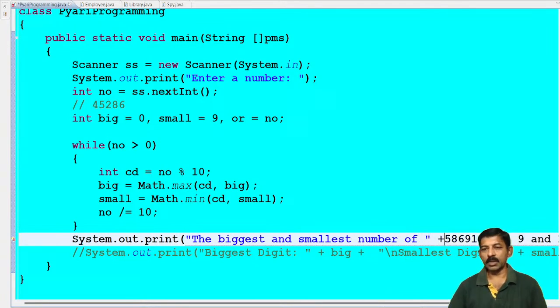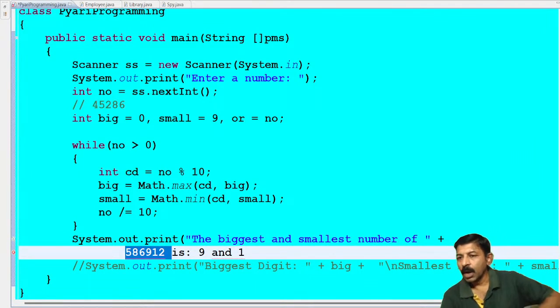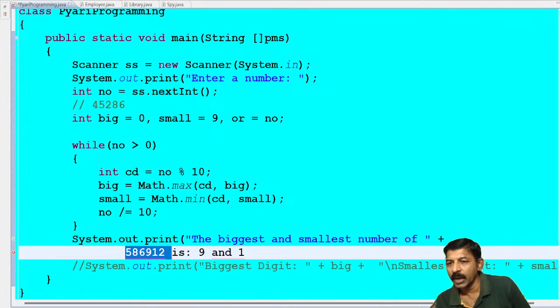I will use plus. What should I use over here? Answer also came. Number OR. Dipti quite fast enough. The biggest and the smallest number of n. From where did you get n? Acha, you might have taken the backup in n.